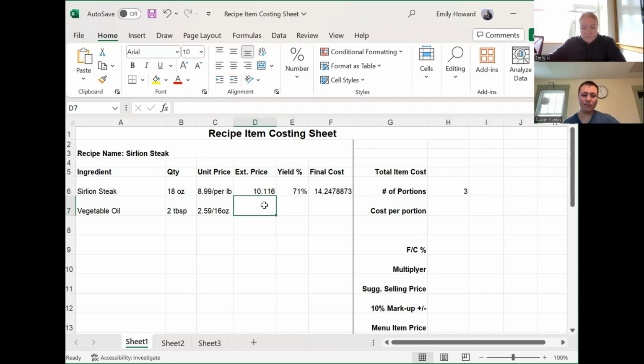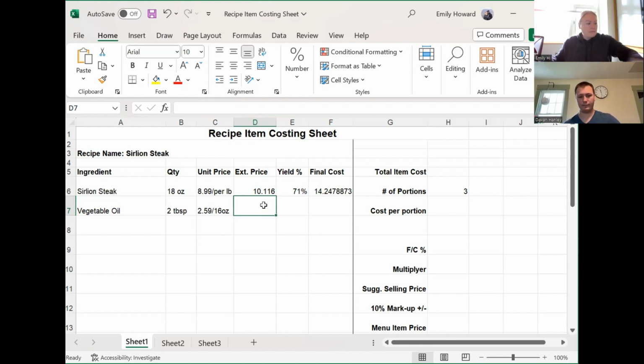So first we need to figure out, because we're not using 16 ounces, we can't just put 2.59 because we're not using all 16 ounces. So we need to figure out the price per ounce, which is also the amount that we need. So we only have to do really one calculation. So we want to know the price per ounce. So it's going to be 2.59 divided by 16, because that's how many ounces is in the thing.